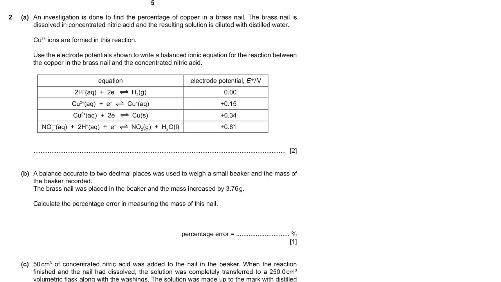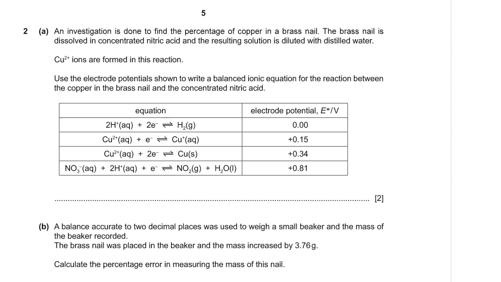Question number 2. An investigation is done to find the percentage of copper in a brass nail. The brass nail is dissolved in concentrated nitric acid, and the resulting solution is diluted with distilled water.